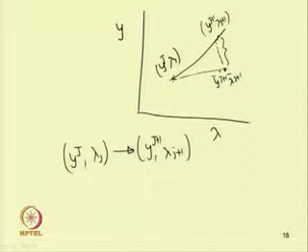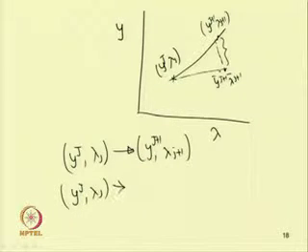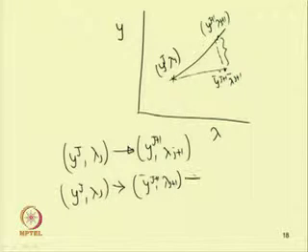So this involves two processes. In the first process, we go from y j, lambda j to y bar j plus 1, lambda bar j plus 1, and then in the next step we go from y bar to y j plus 1, lambda j plus 1.